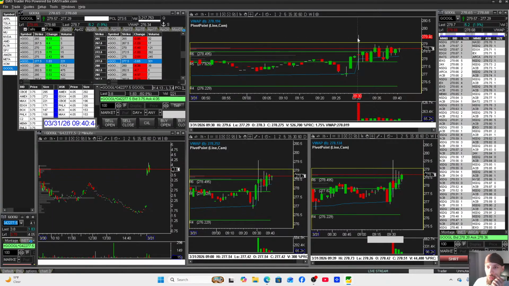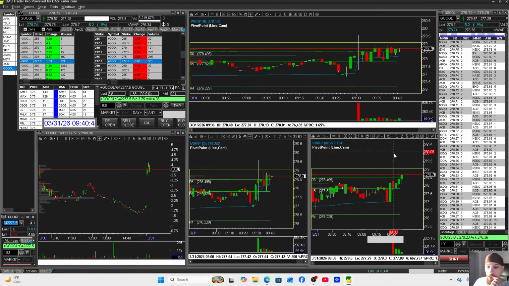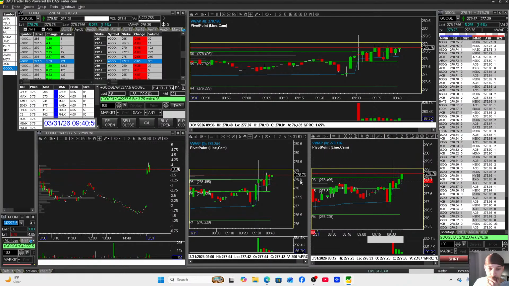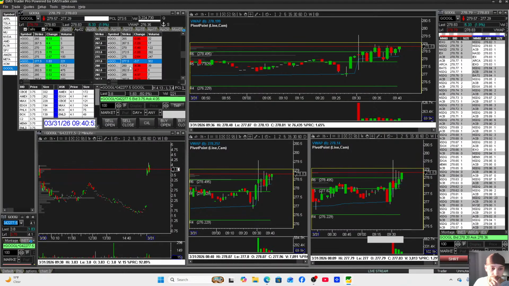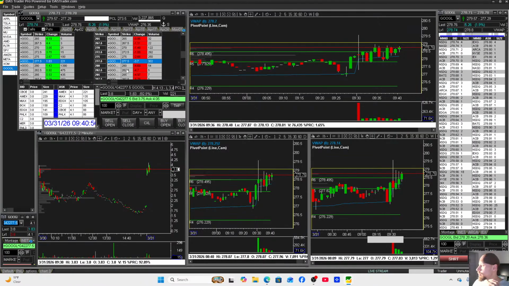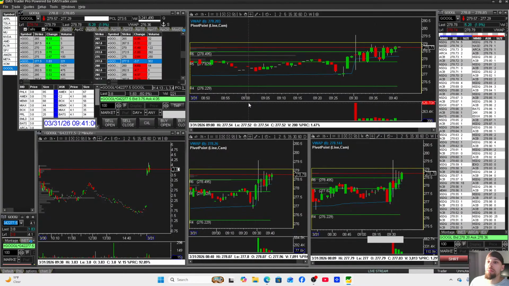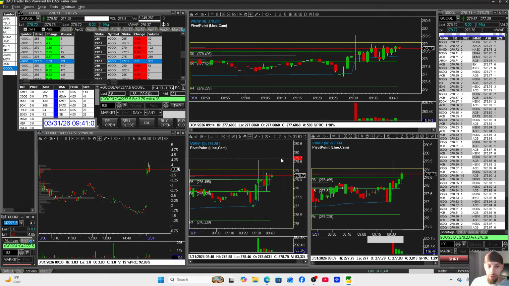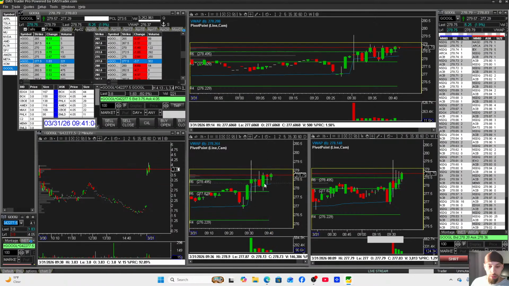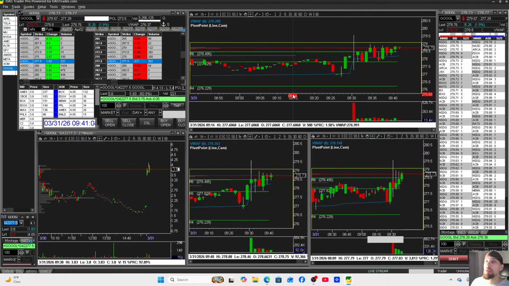The only thing is this 1 minute candle showed more bearish activity than anything. So just watching the price action here. Volume's died off a little bit as it's trying to move up.